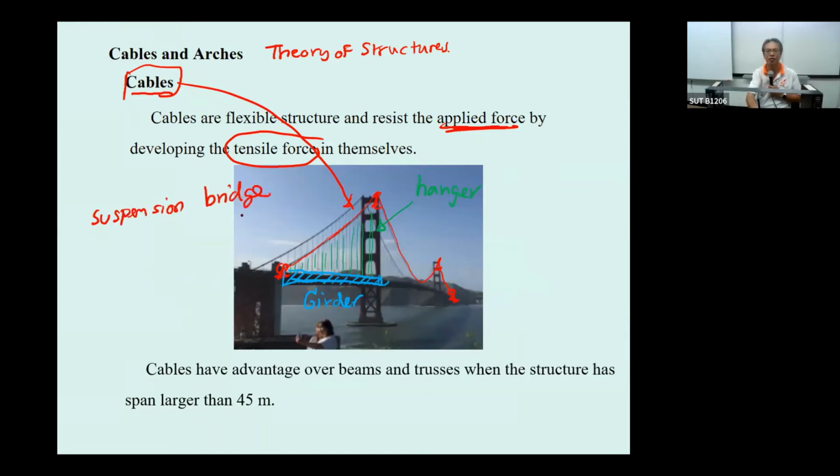It is different from the King Rama 8 bridge, which is called a cable-stayed bridge. You may go to Google and search for these two bridges and read about them for your knowledge. It is very, very important for you to understand different types of structure.